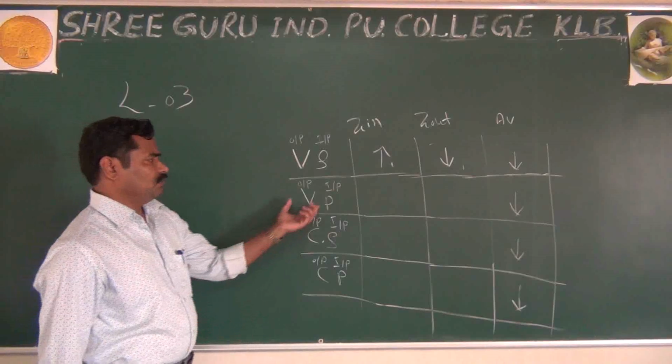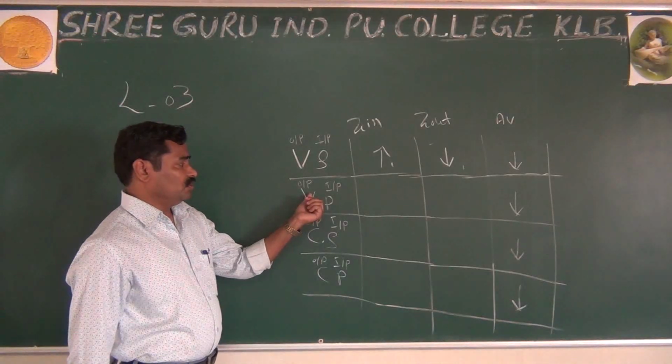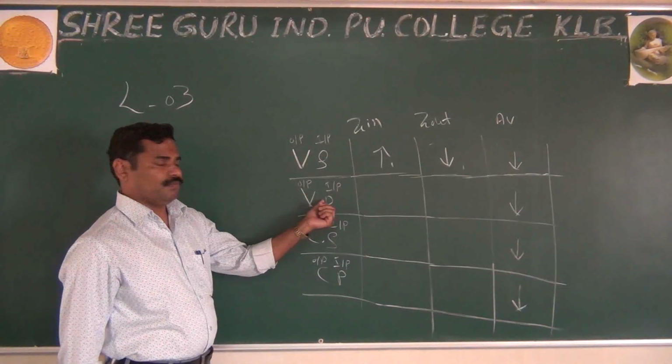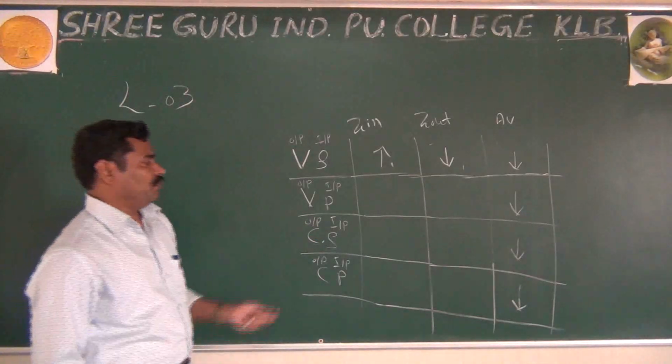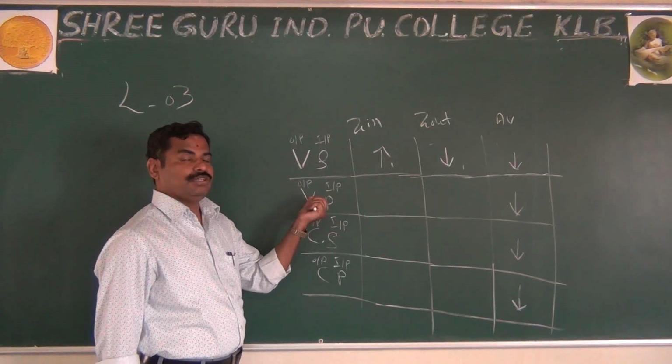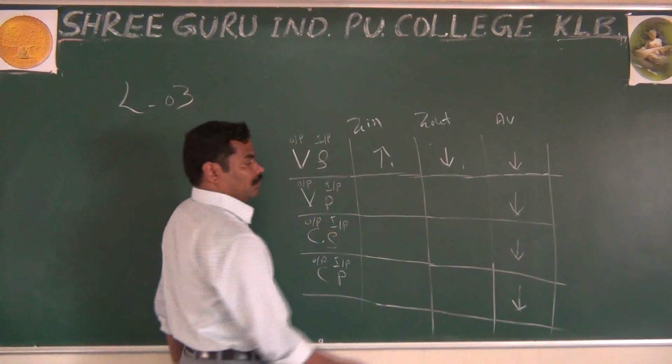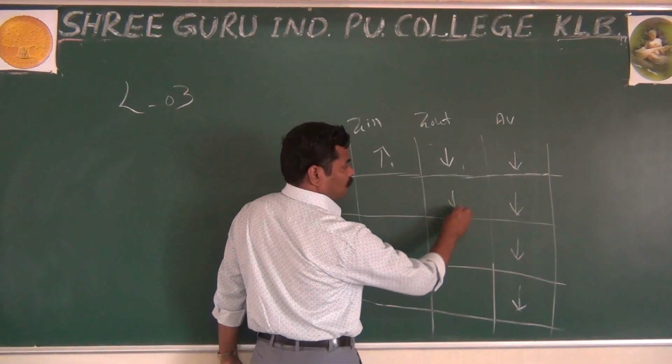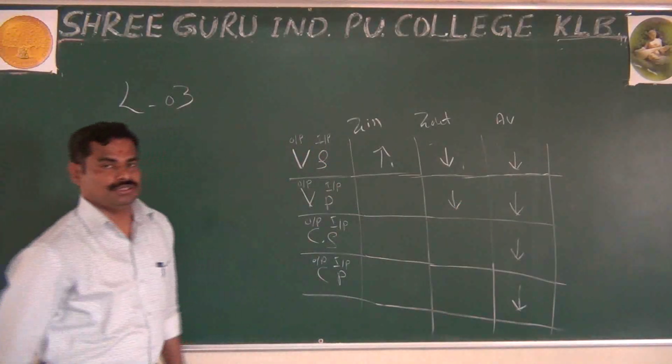Similarly, you go for the voltage parallel. Here also in the output section, you are measuring the output voltage. How are you measuring output voltage? By connecting in parallel. That's why the output impedance decreases.